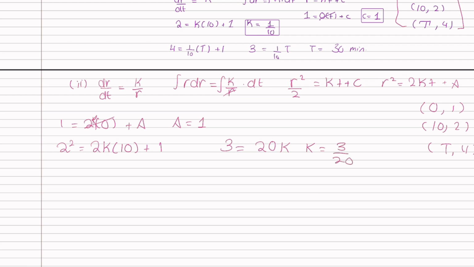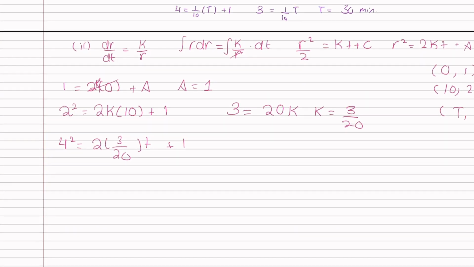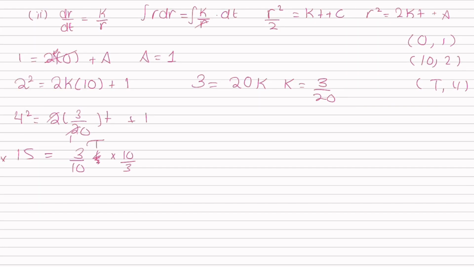Just plug in 4 squared for r, then 2 times 3 over 20 times time plus a, which is 1. So here we get 3 over 10, and then we send 1 to the other side, which gives us 15. So 3 over 10 t is capital T, and the capital T in this case is equal to 50 minutes.